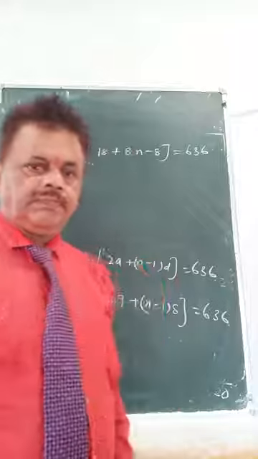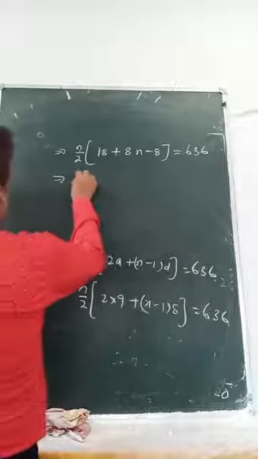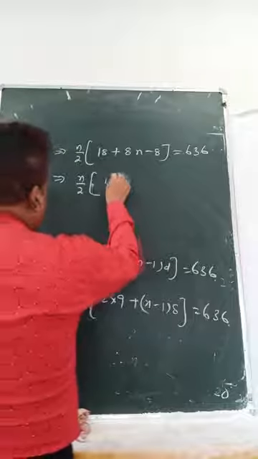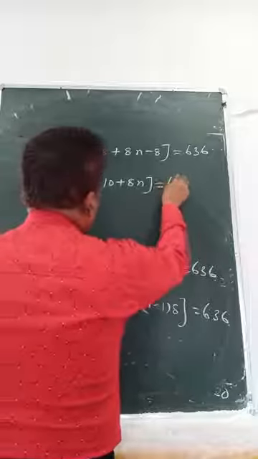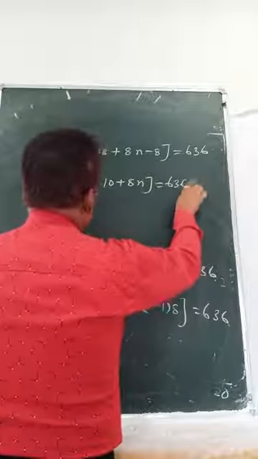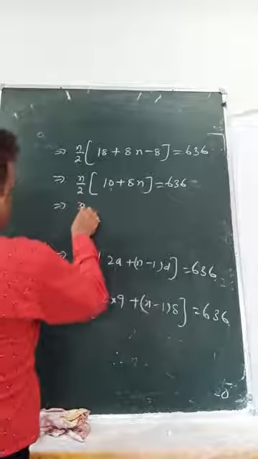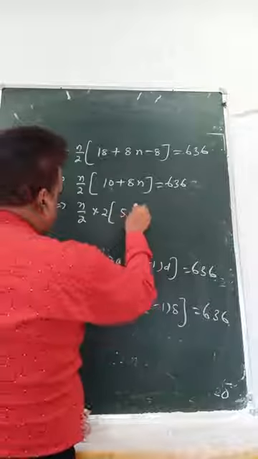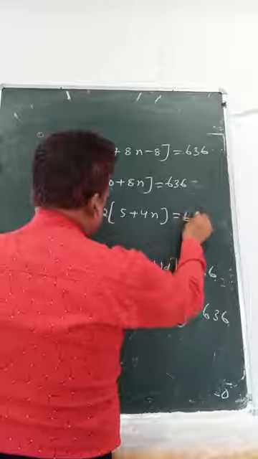Okay. Then n by 2, 10 plus 8n equals 636. Take 2 common, this will be cancelled. N by 2, take 2 common, 5 plus 4n equals 636.